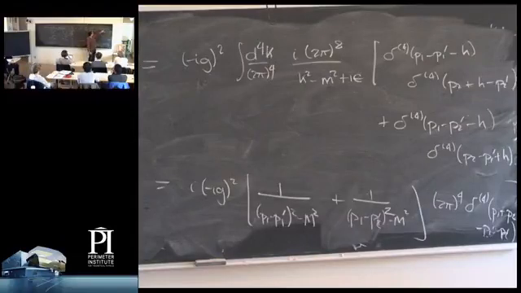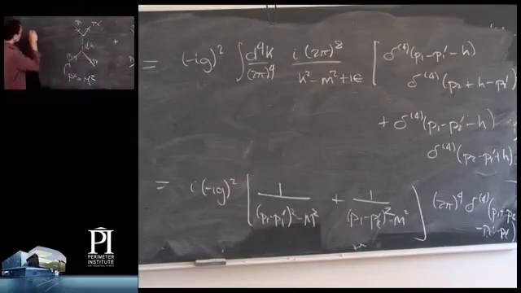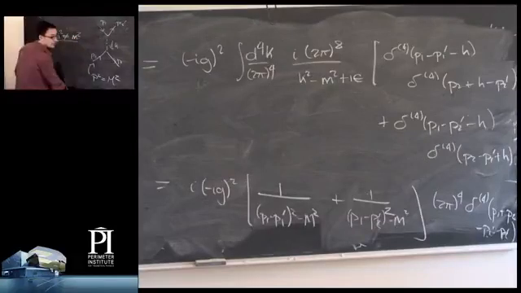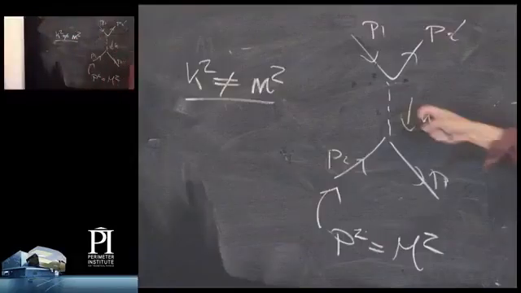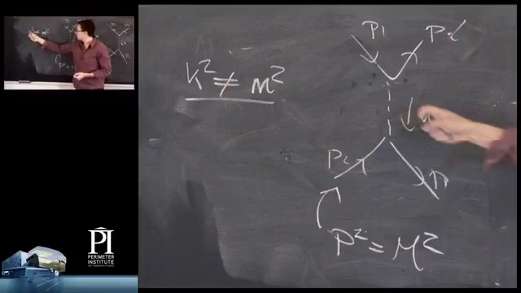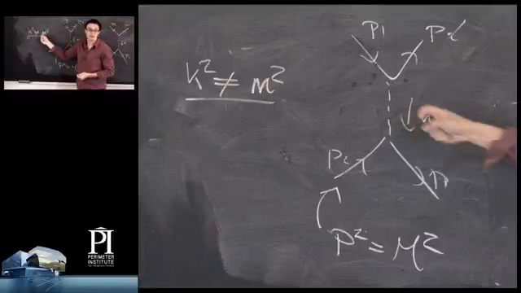So k is equal to the difference in this momentum and this momentum. Those delta functions never give k squared equals m squared. So the meson that's moving through here doesn't obey what you think it should obey. Its 4 momentum squared is not equal to its physical mass squared.